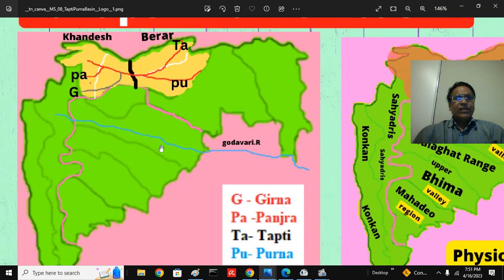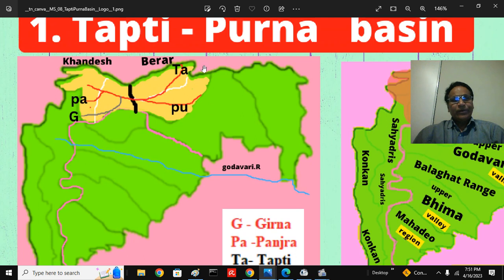G represents river Girna, and P represents Panjhra river. These are the tributaries of the Tapti river that comes from the Betul Chhindwara region of Madhya Bharat, Madhya Pradesh, and the Purna river that comes from the southern part of the Satpura ranges.